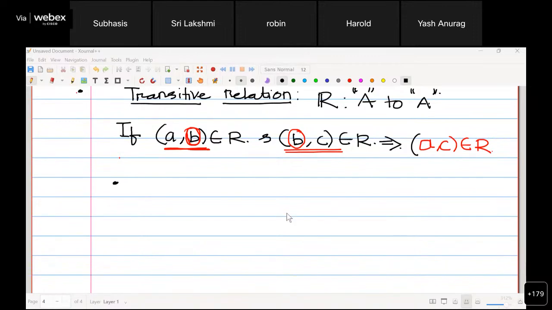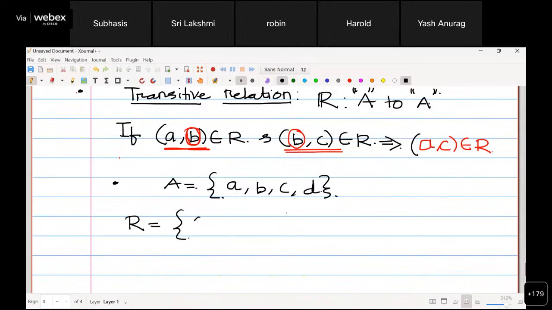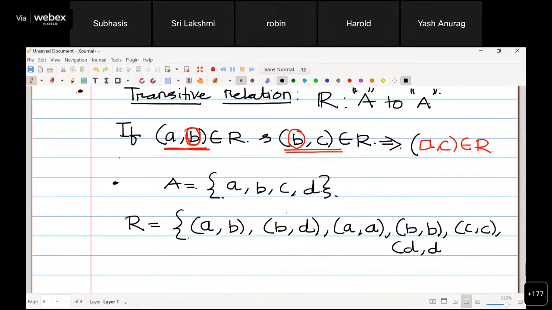So let's say I have a set A, and my set is A, B, C, D. This is my set A, and I have a relation R. Let's say my relation R is (A, B), (B, D), (A, B), (B, C), (C, D).